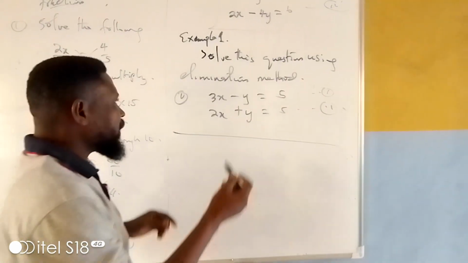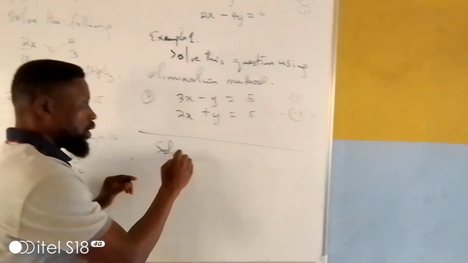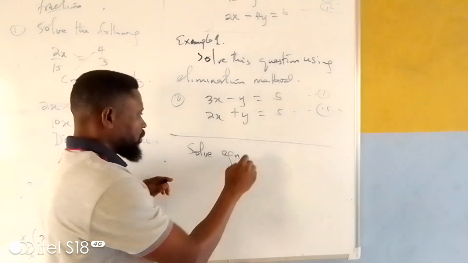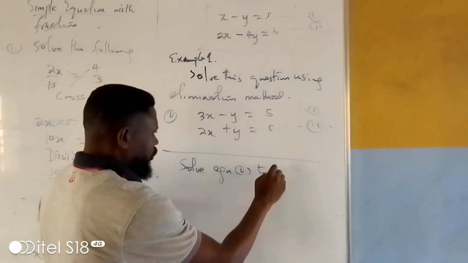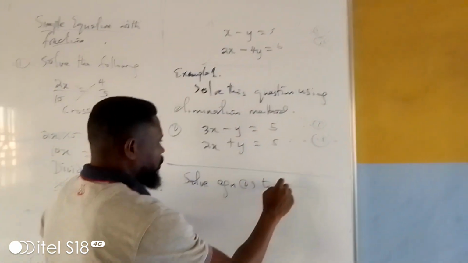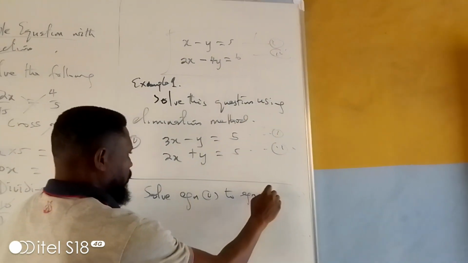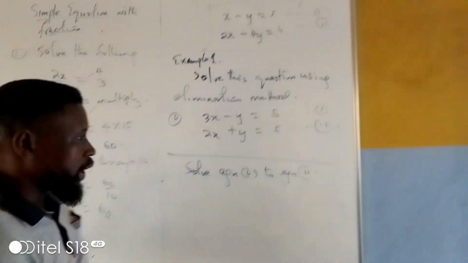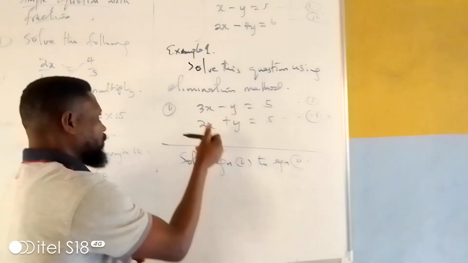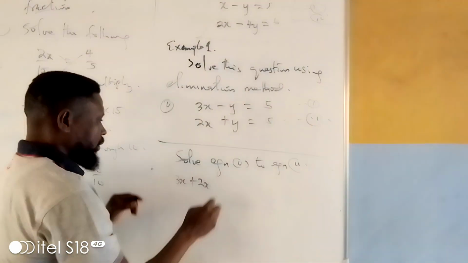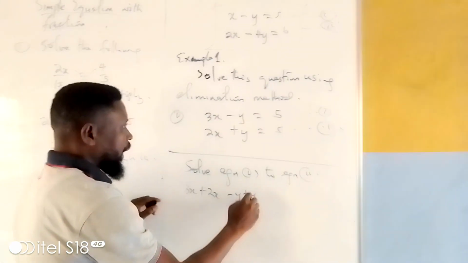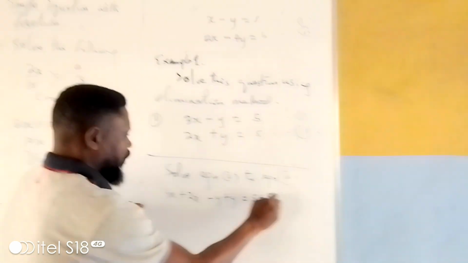So using the elimination method here is so simple. You will say add equation 1 to equation 2. When you add the two equations together, obviously you're going to have 3x plus 2x, minus y plus y, 5 plus 5.